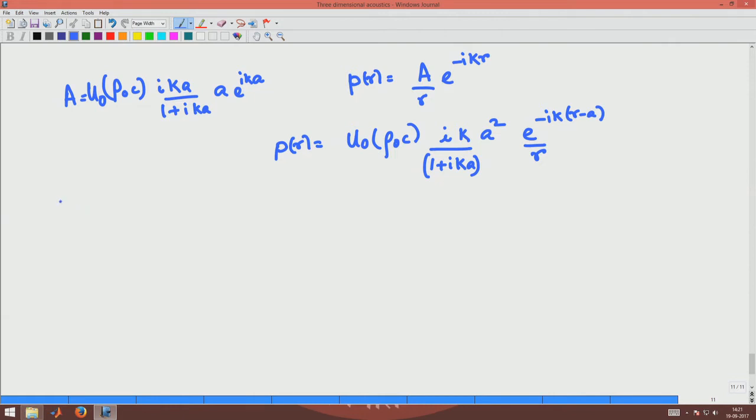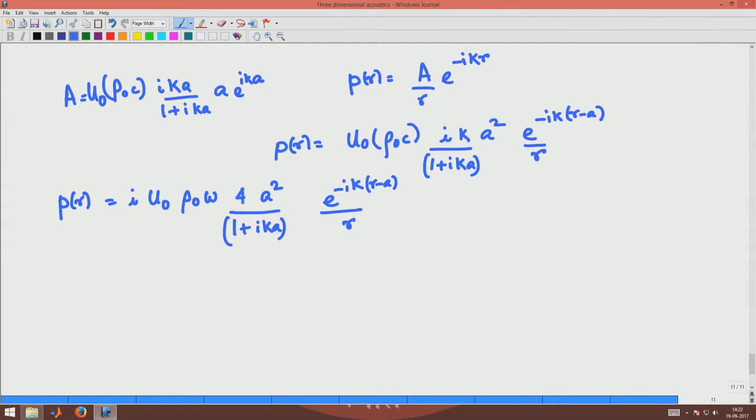We will carry this simplification a little bit more by noting that this is u 0 k c, we can write it as omega and we will bring the i in front. So, what we have as a constant popping out is i times u 0 rho 0 into omega, and then there is an a square, and there is also a 1 plus i k a, and e to the power minus i k r minus a remains as in the previous step and divided by r.